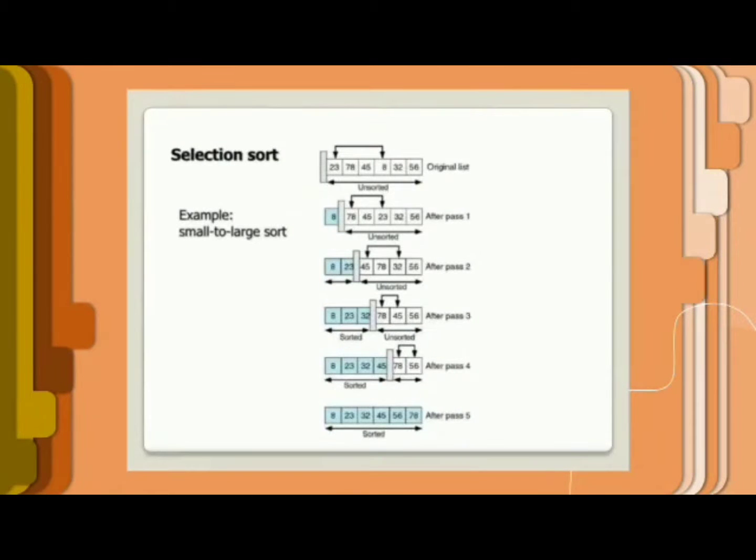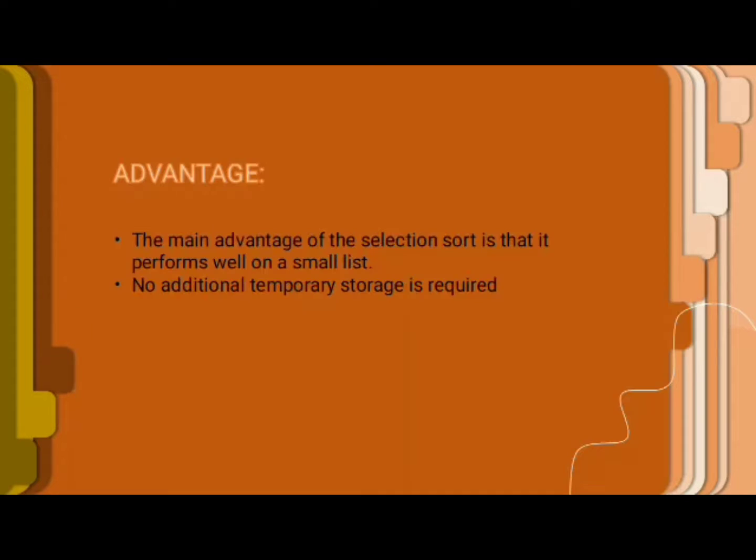So selection sort has its advantages and disadvantages. First, we are going to explain its advantages. The main advantage of the selection sort is that it performs well on a small list, meaning its performance is better when we are dealing with a small list of items.